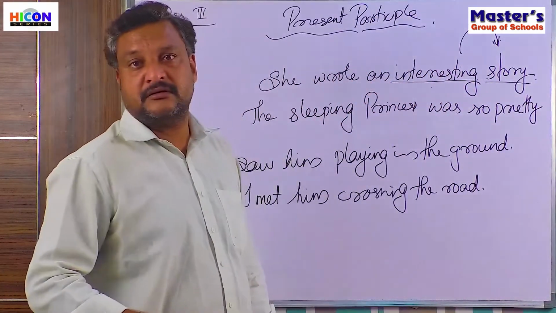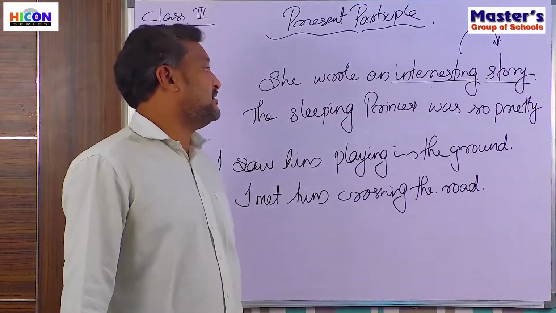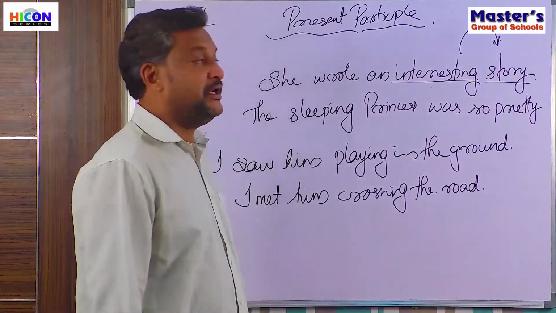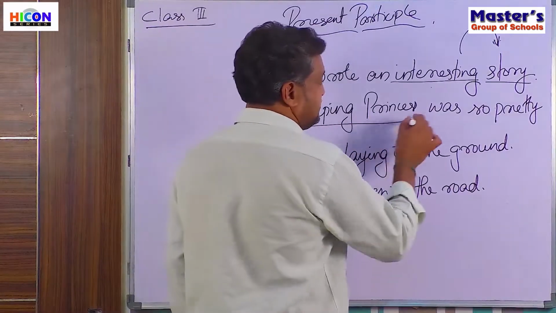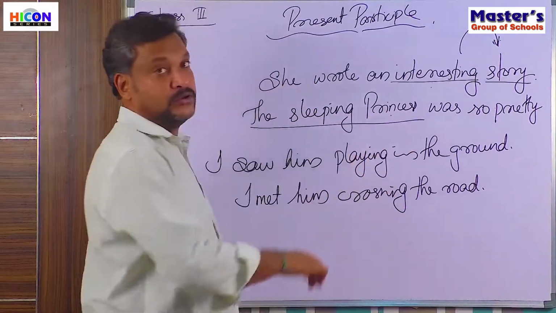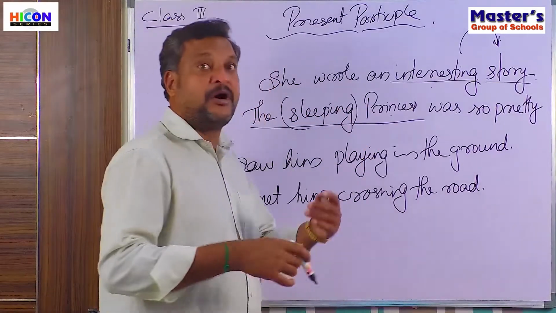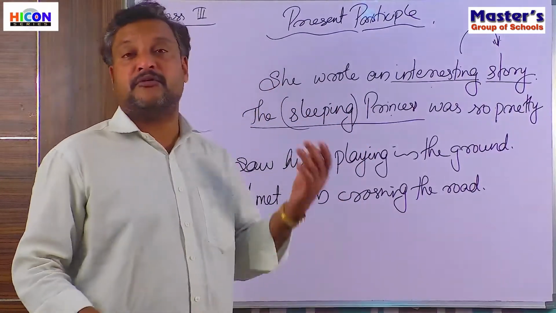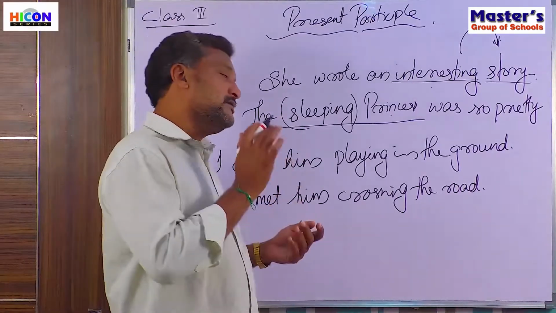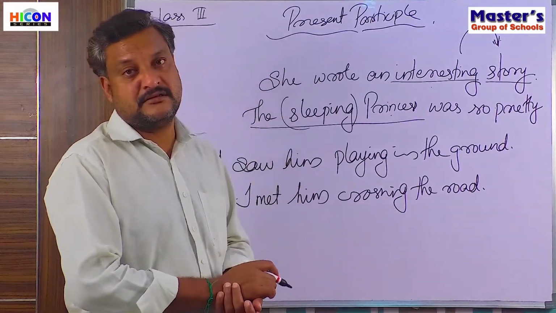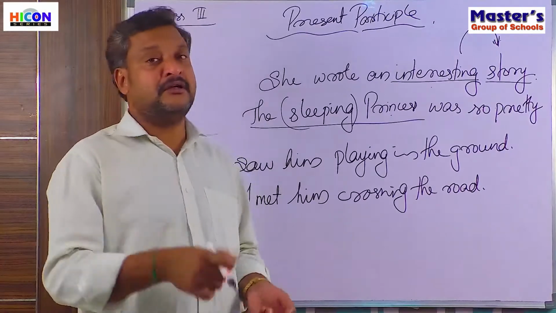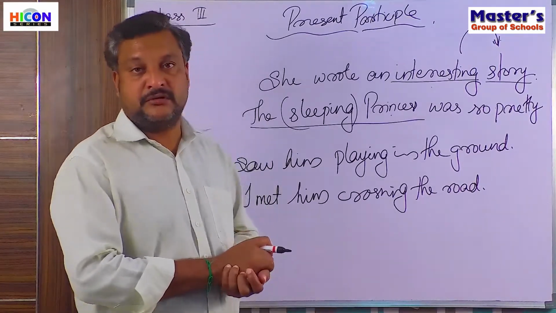The sleeping princess was so pretty. Here, the sleeping princess. Princess is a noun and sleeping is a word that says something about the princess. What kind of a princess was that? She was a sleeping princess. She was kept under the charm by the witch, isn't it?